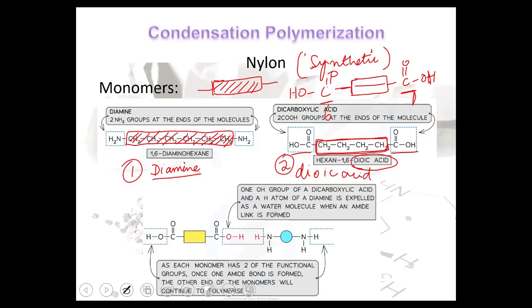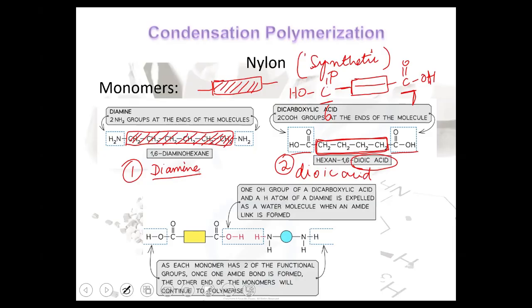So both, by the way, the monomers of nylon are 6 carbon containing monomers, and one is having amine on both sides and one is having carboxylic acid on both sides. So these are your simple nylon monomers, a dioic and a diamine.